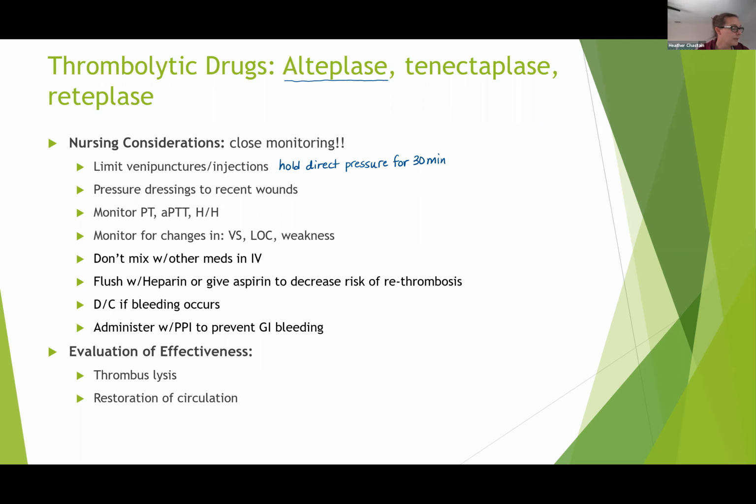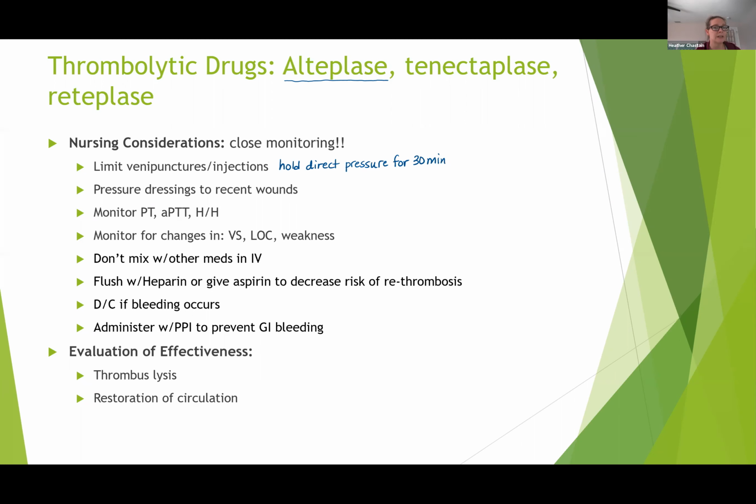You want to monitor PT, PTT, H&H, your hemoglobin and hematocrit, because you want to find out what effects it's having on the coagulation cascade, right? We can see how it's affecting both sides of the coagulation cascade by monitoring the PT, which is your extrinsic side, and your PTT, which is your intrinsic side.